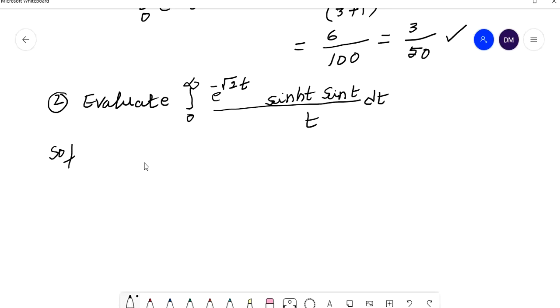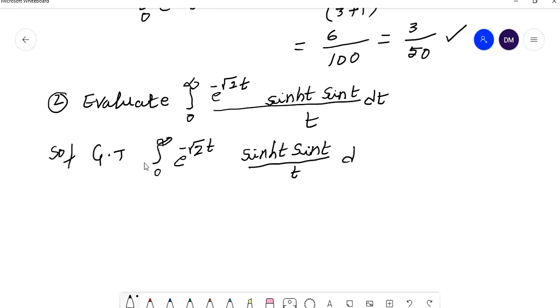Solution: I can rewrite the given integral as the integral from 0 to infinity of e^(-√2 t) sinh t sin t / t dt.